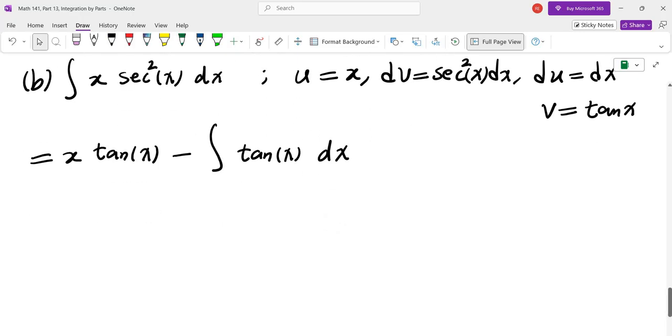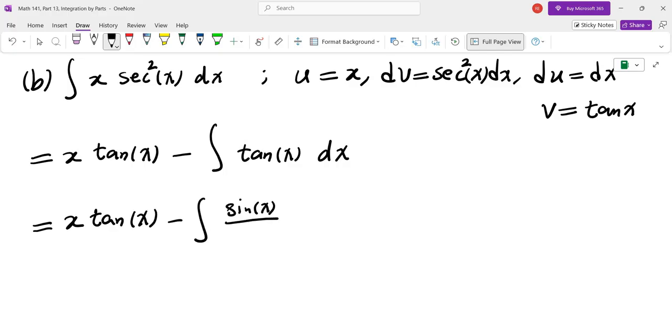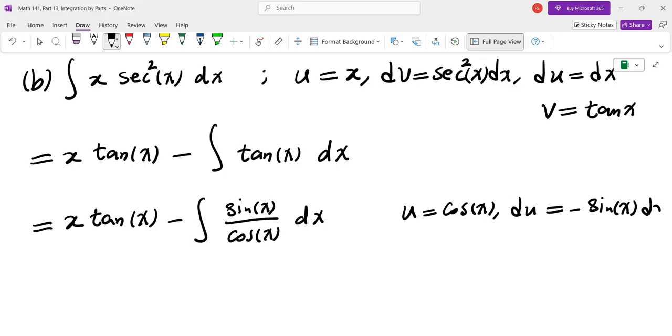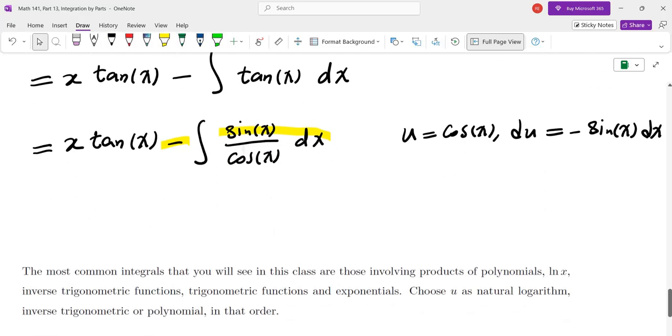Okay, so now, how do we evaluate the integral of tangent? We can turn that into sine and cosine. So this is x tan of x minus the integral of sine of x over cosine of x. Now, the derivative of cosine is negative sine, which is on top. So we can use a u substitution. u equals cosine of x, du becomes negative sine of x dx. So in other words, negative sine x dx is exactly du.